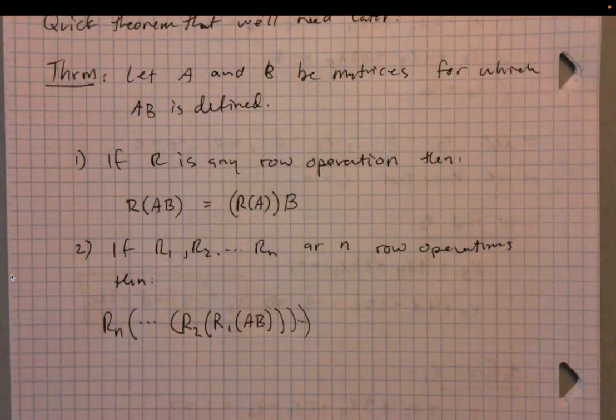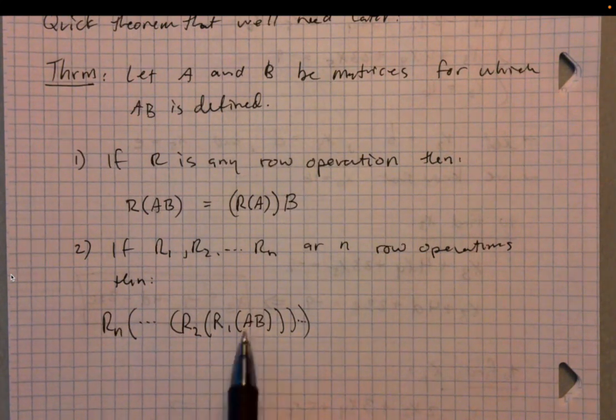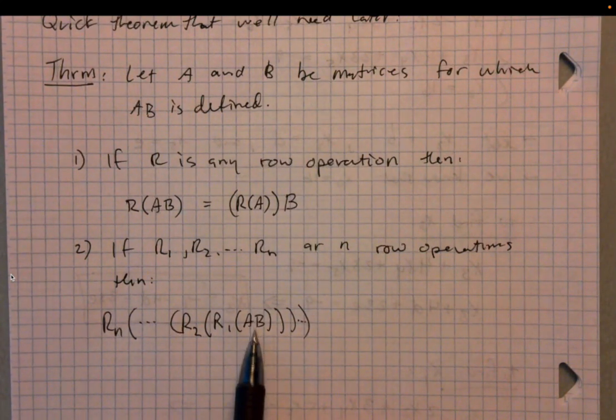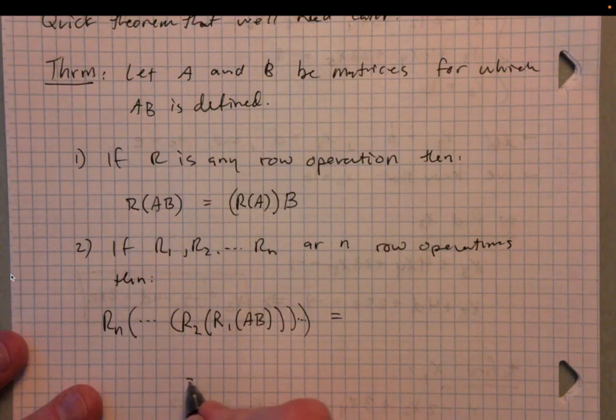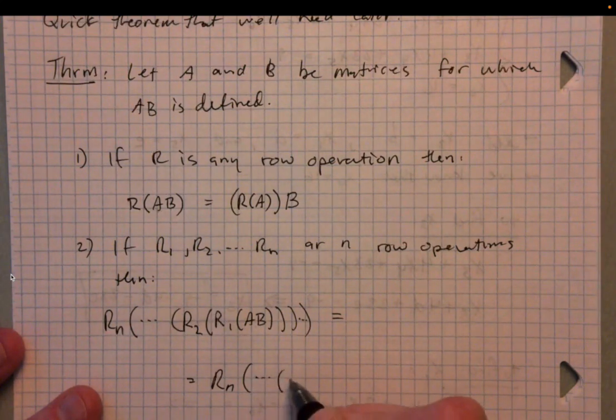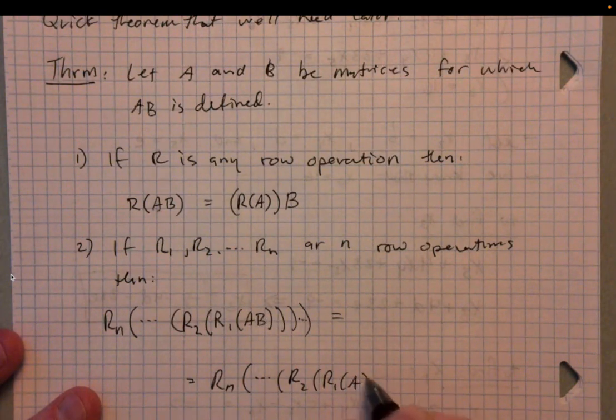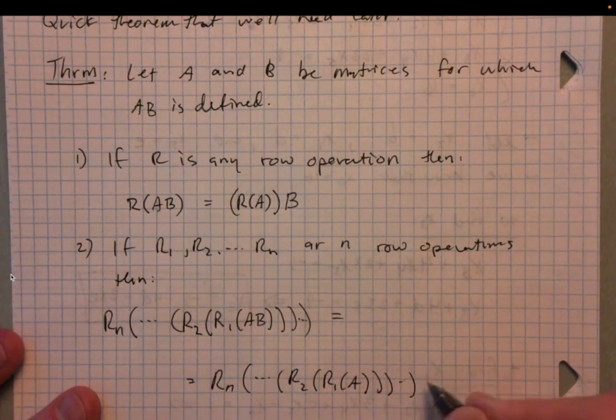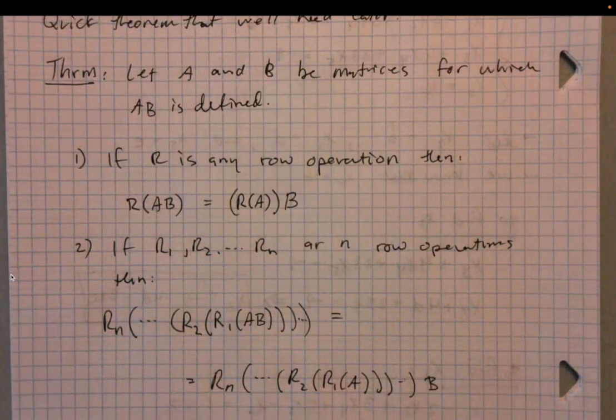So doing a series of n row operations on the product AB results in the same final matrix as doing the n row operations on just A and then multiplying by B. Crazy, huh? Very interesting. Okay, so part two basically says we can extend this idea to a sequence of n row operations.